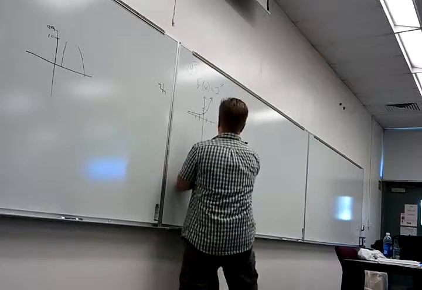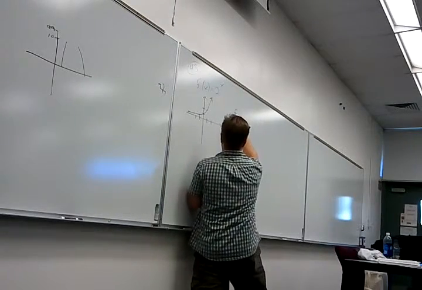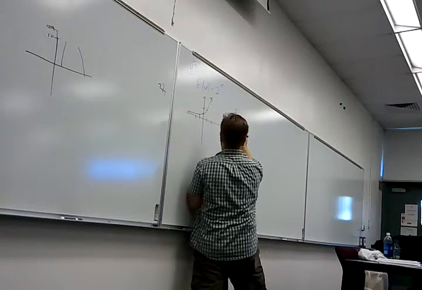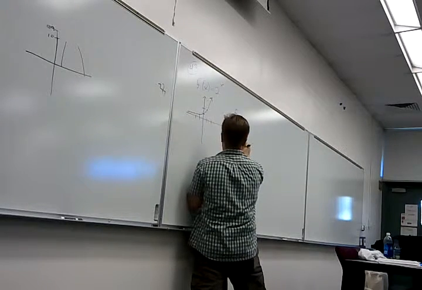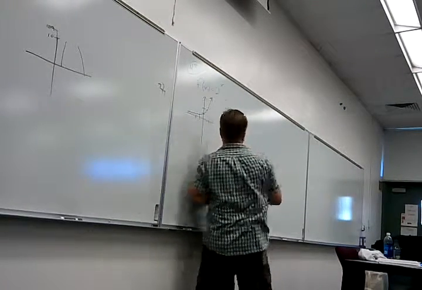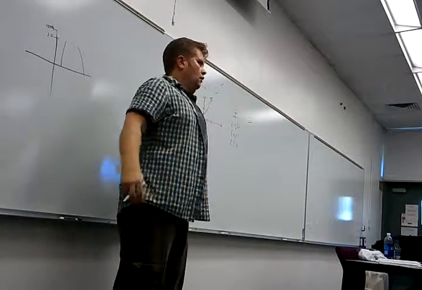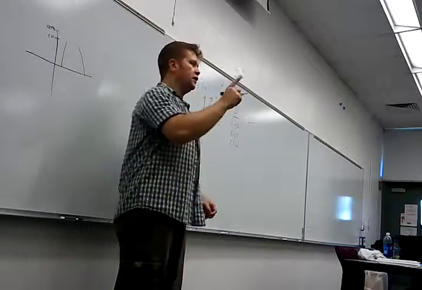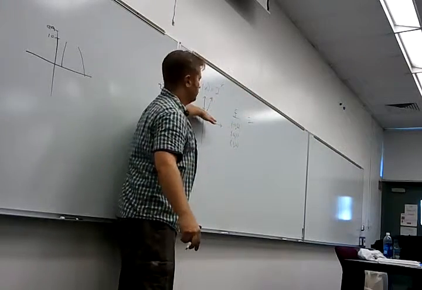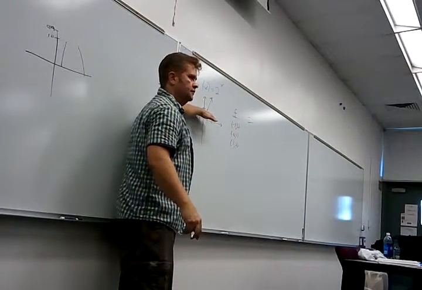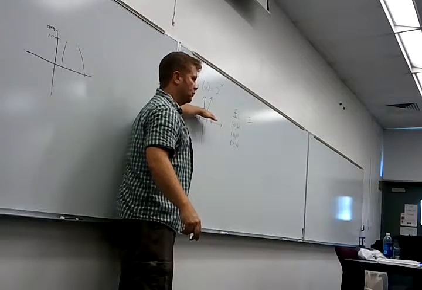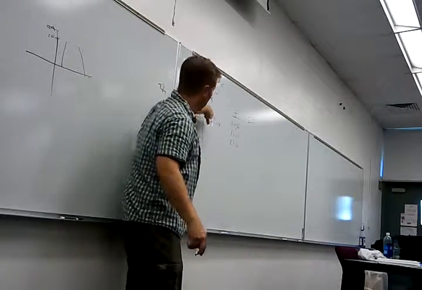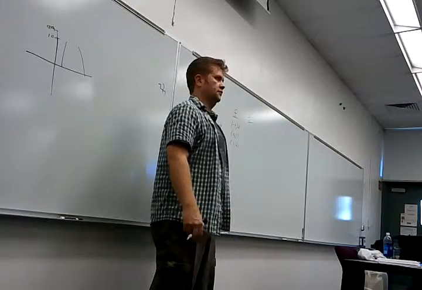So f goes through these points, and what's really interesting is the asymptote right now is the x-axis. Once you flip that bad boy, it's now going to be the y-axis. Neat.